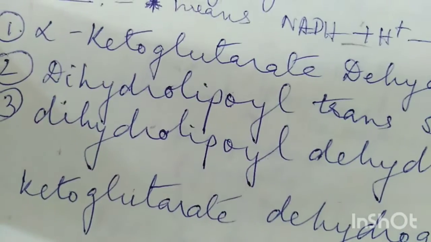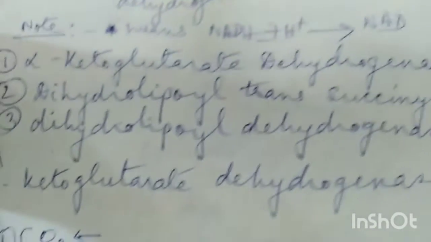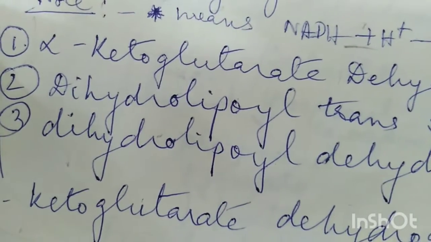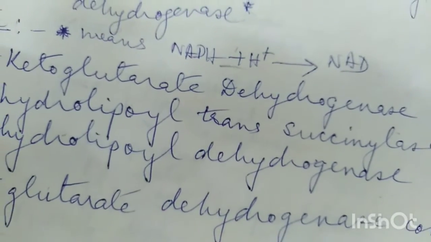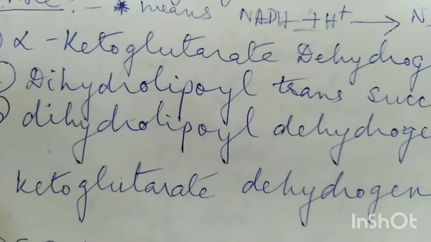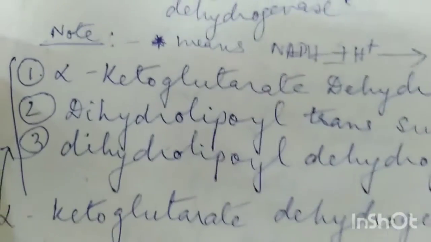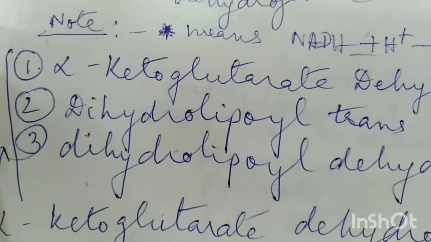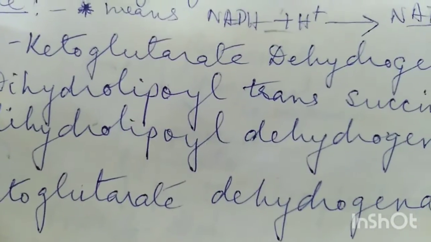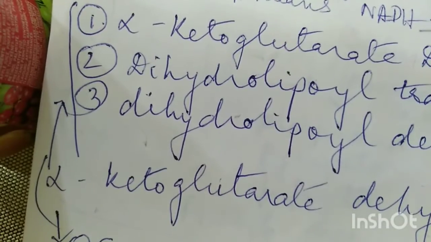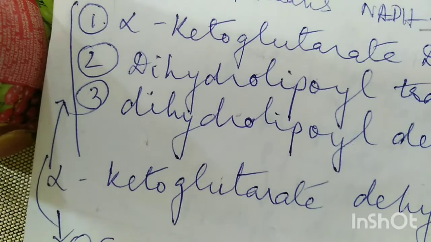Number 2 is dihydrolipoyl transsuccinylase. Third is dihydrolipoyl dehydrogenase.